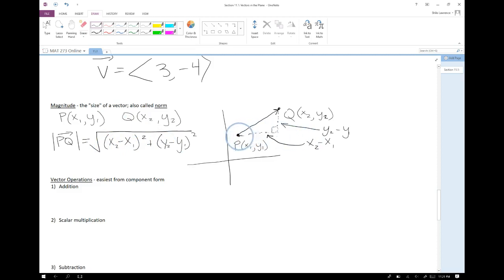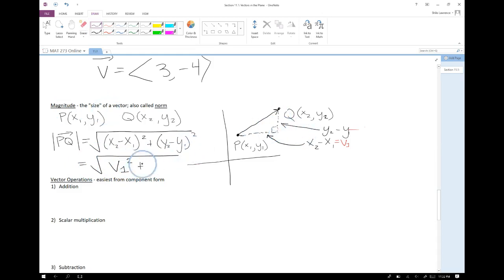Because remember, this distance right here, we might also see it written as just v1, the first component of our vector. And then the vertical piece is v2. So if I already knew x2 minus x1 was my first component, then this entire x2 minus x1 in the formula could be replaced just with v1.